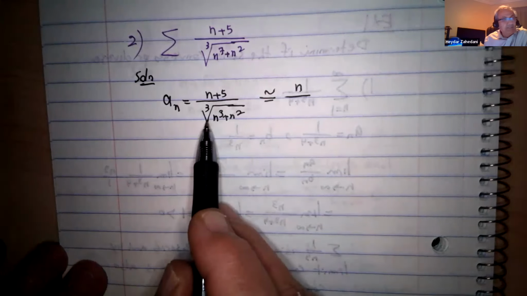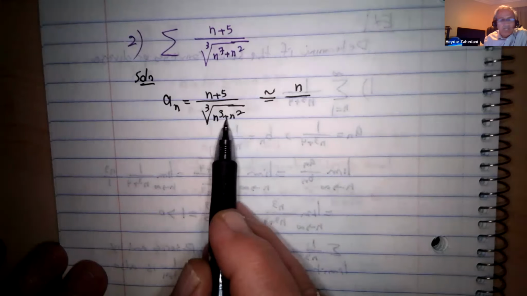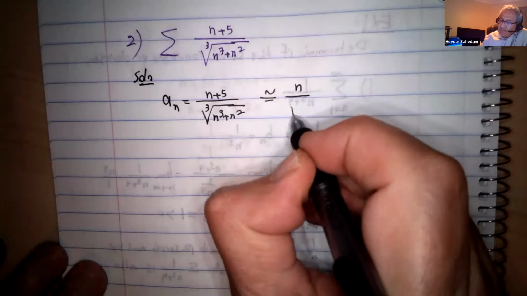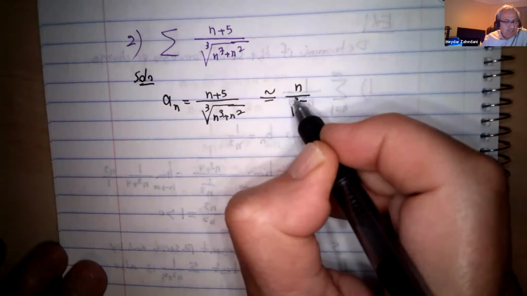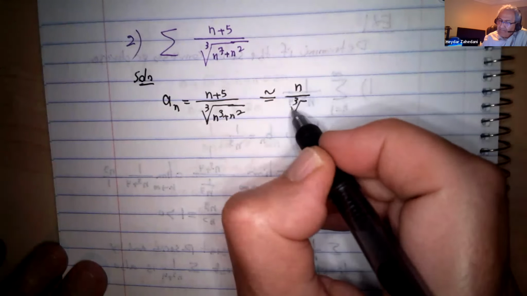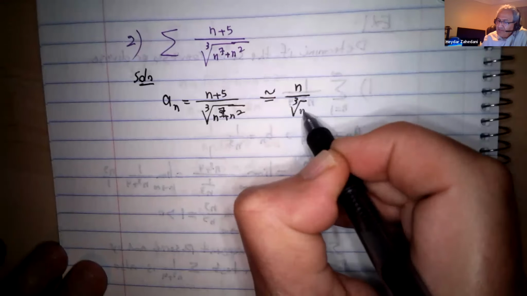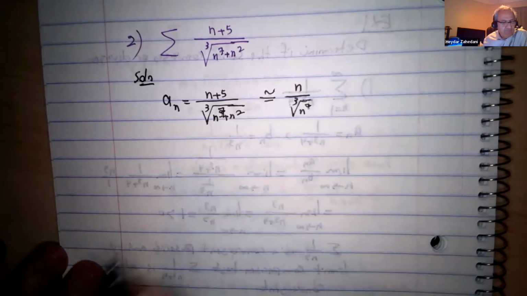For the bottom, it's a radical, so you go inside the radical, where it's a polynomial, and the leading term is n to the 7.